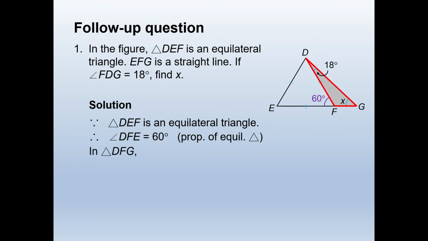And then we look at the triangle DFG. We can apply the exterior angle of a triangle to say that 18 degrees plus x equals 60 degrees, which is the exterior angle of the triangle DFG. So by solving the equation, x will be 42 degrees.